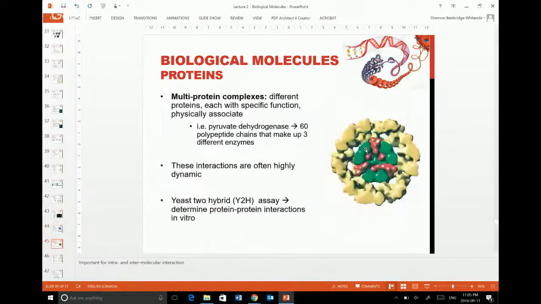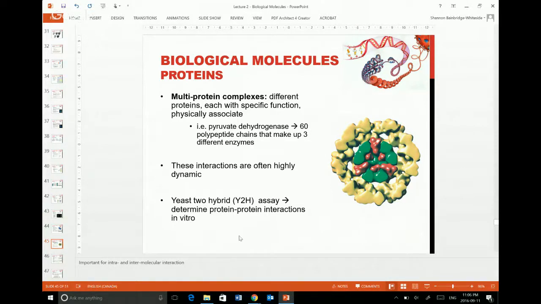In a multi-protein complex, however, you have a variety of different proteins that on their own are capable of doing some work, but can come together to make these sort of super complexes, which can do lots of different things together. An example is pyruvate dehydrogenase, where we have 60 polypeptide chains making up 3 distinct enzymes working in close proximity with one another.